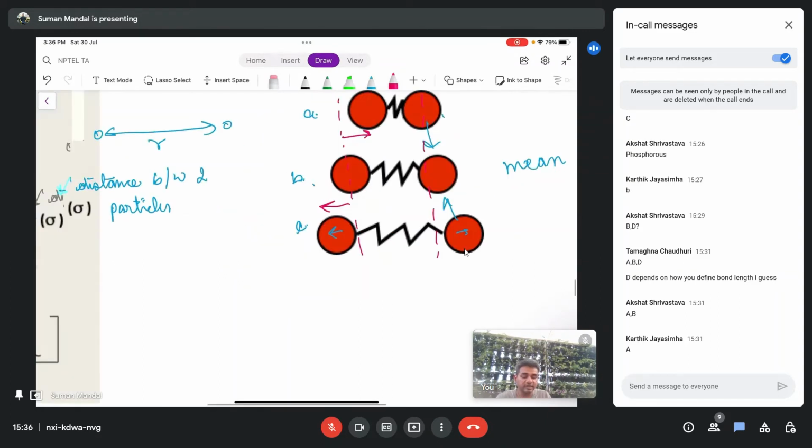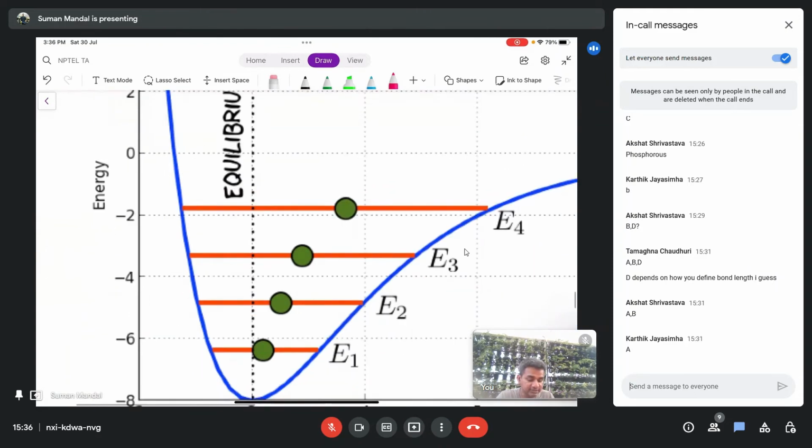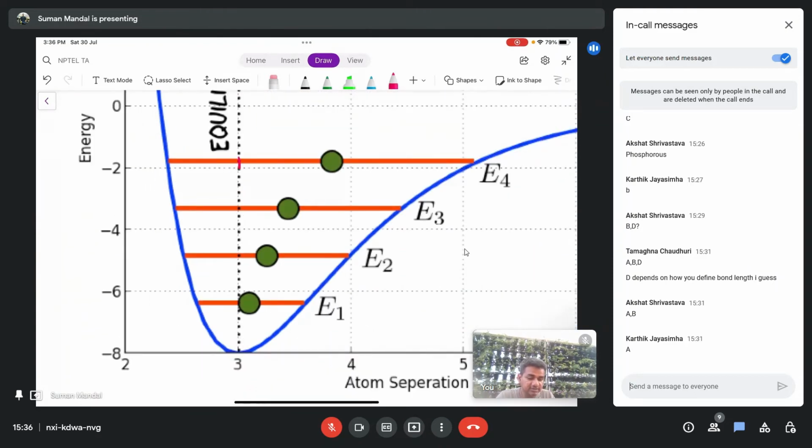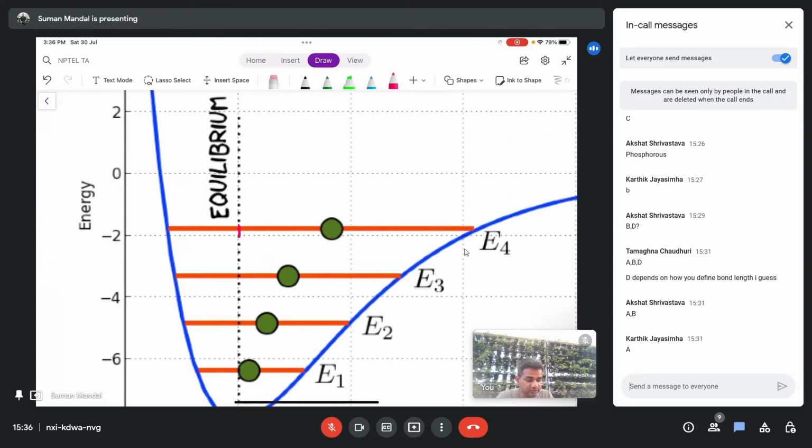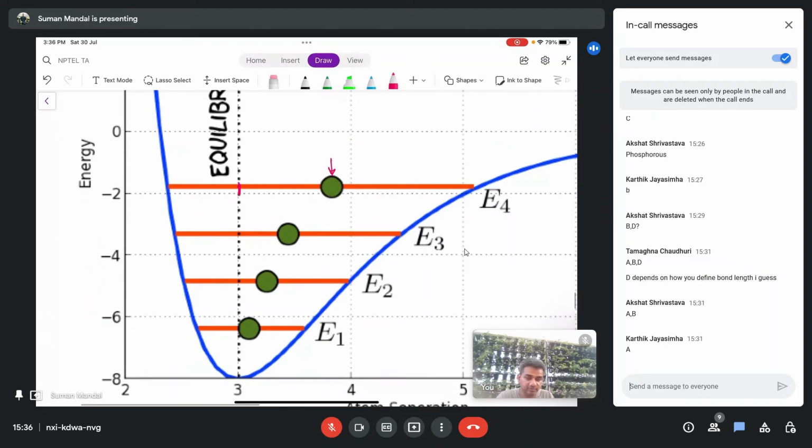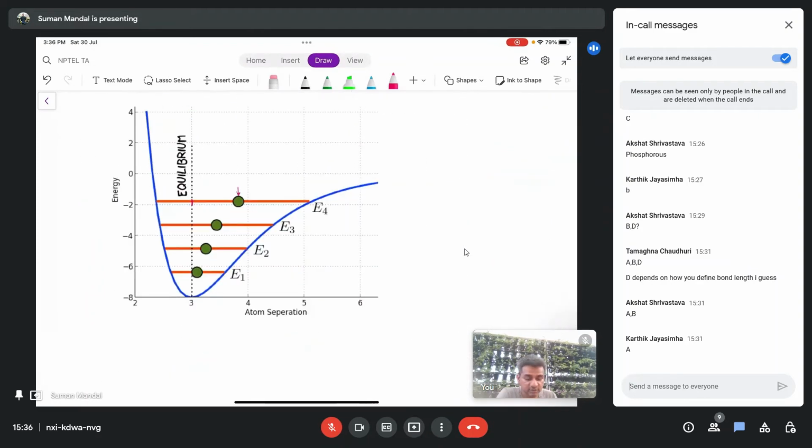And as a result, as you keep applying heat, the mean spacing increases. Wherever this dot is, it shows the mean spacing. So as you keep giving energy to the system, the mean distance between the two particles, if you have two particles like this, starts increasing and the material expands.